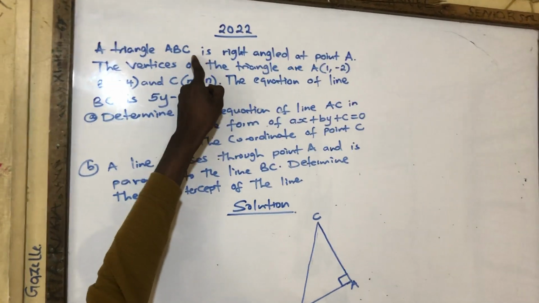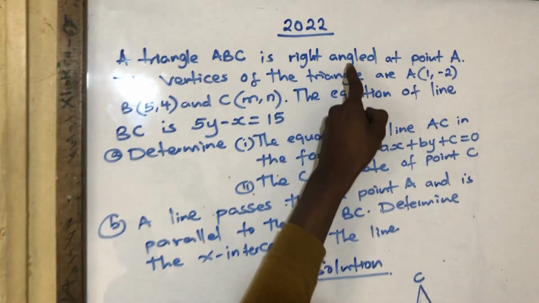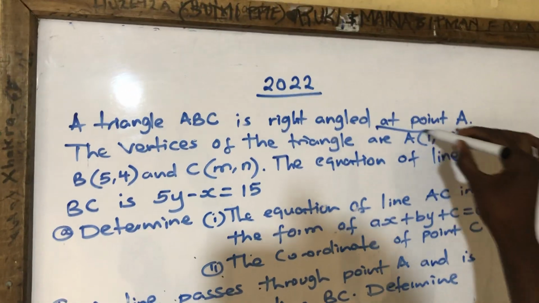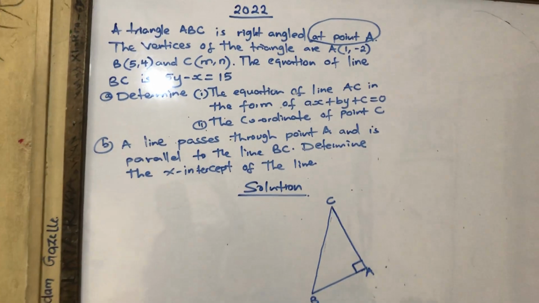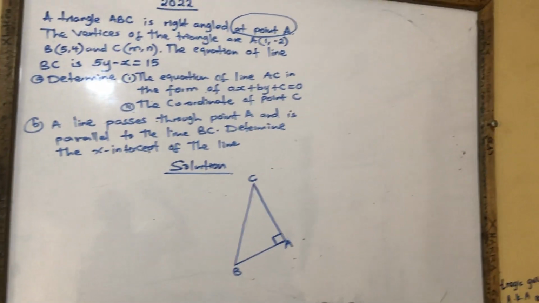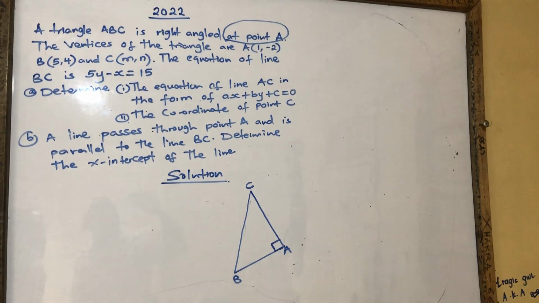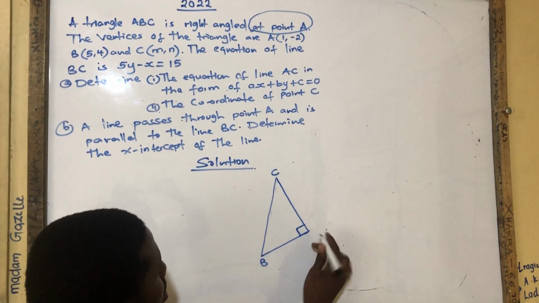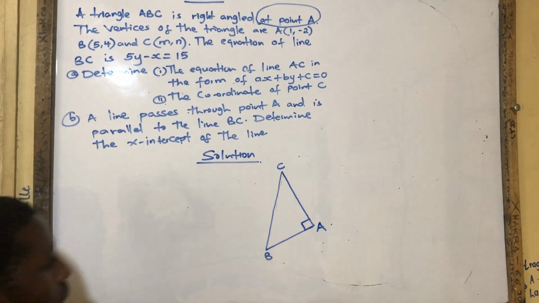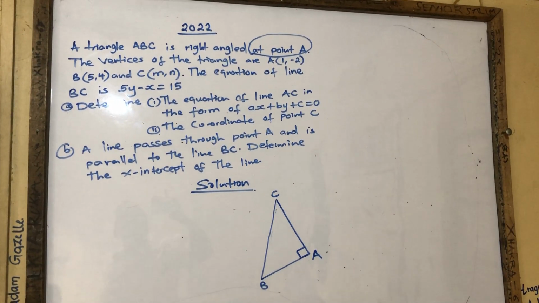A triangle ABC is right angled at point A. So if the student had to sketch a diagram, let it come out clearly that the right angle is at A and not at any other point.